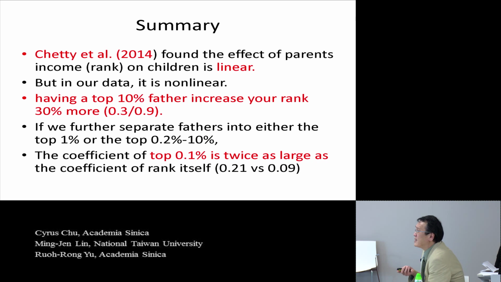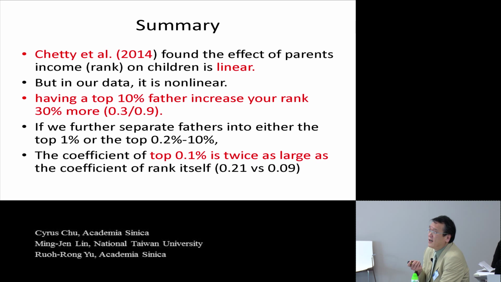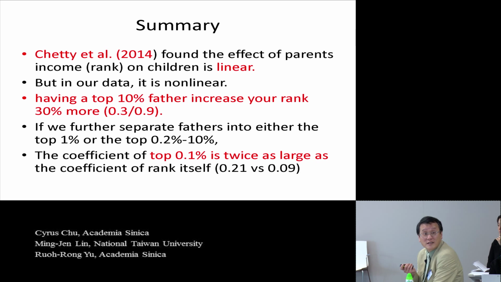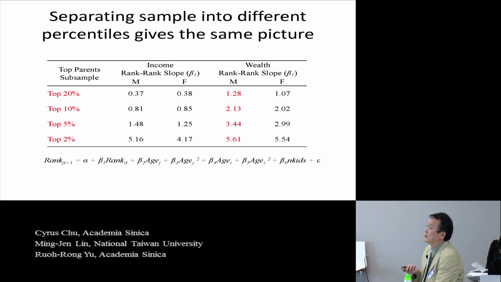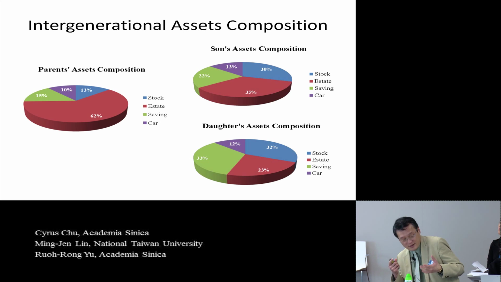So it appears that the IGE is not, as Chetty claimed, a linear estimate. It is likely to be nonlinear, especially for the very rich. For the top 0.1%, that's twice as large as the coefficient of rank itself. This is about the same story. IGE is not likely to be linear.